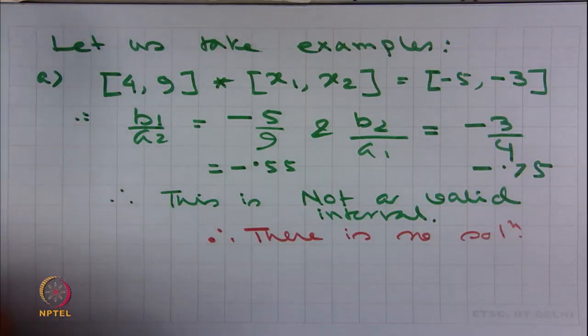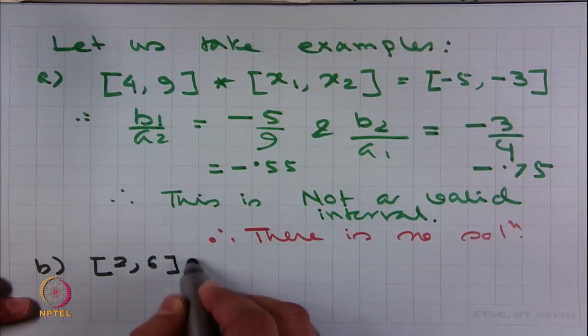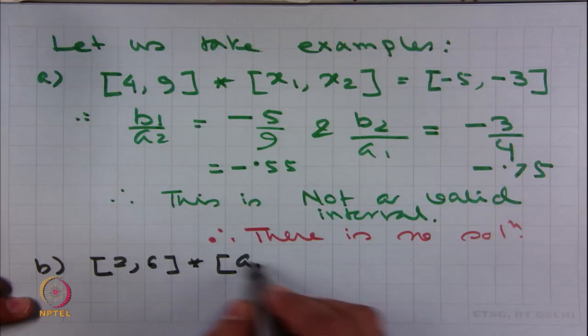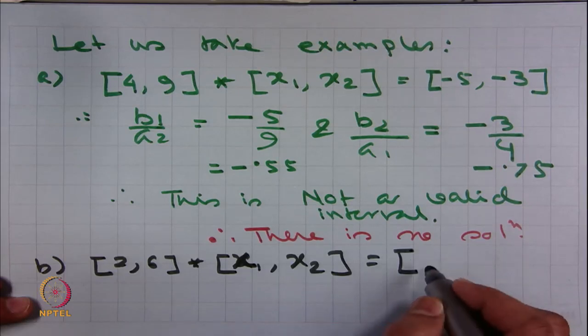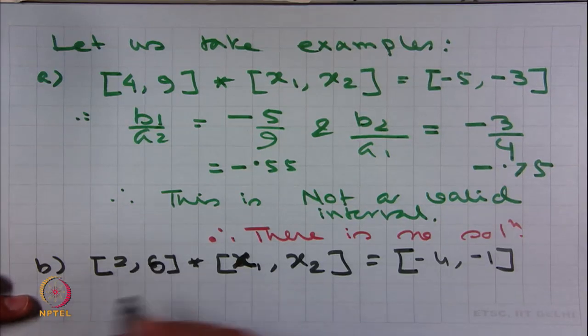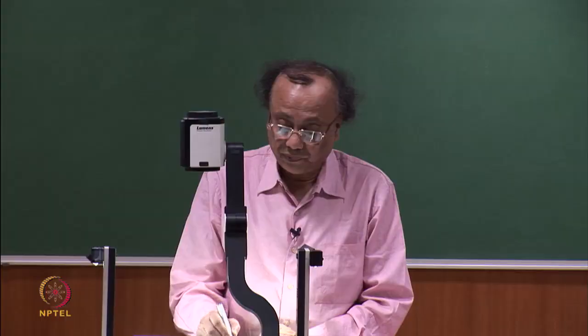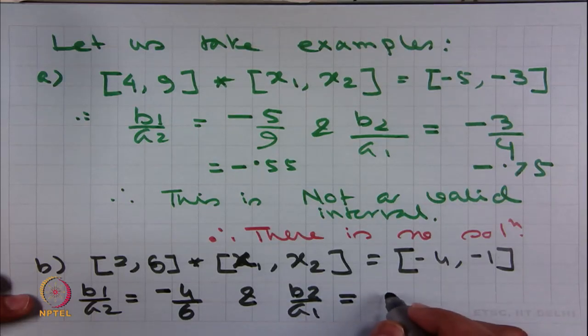However, case B: 2, 6 star x1, x2 is equal to minus 4, minus 1. If that is the problem given, then B1 upon A2 is equal to minus 4 upon 6 and B2 upon A1 is equal to minus 1 upon 2.